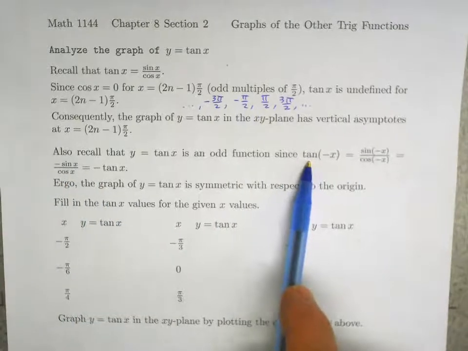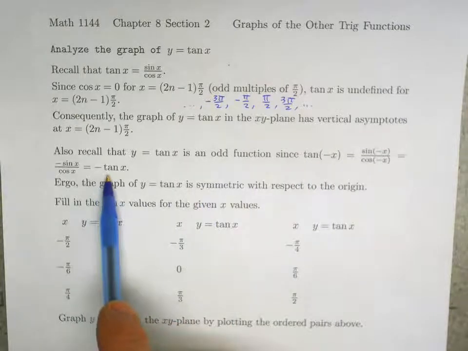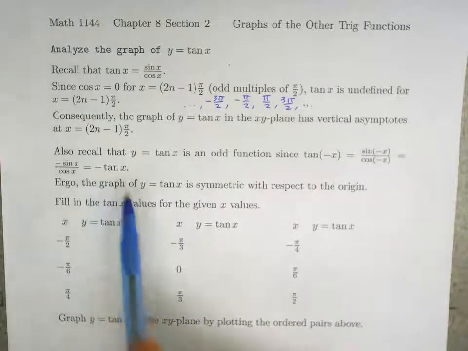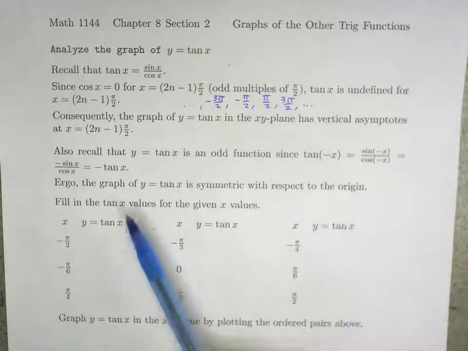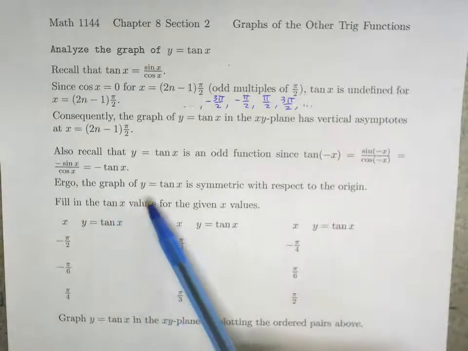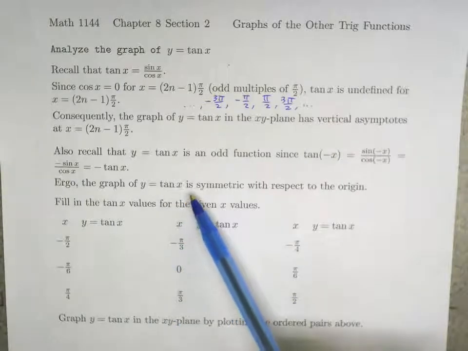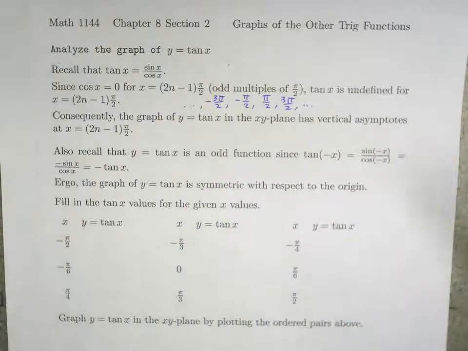So the tangent of negative x equals the negative tangent of x. That means the graph of y equals tangent of x is symmetric with respect to the origin, since it's an odd function.